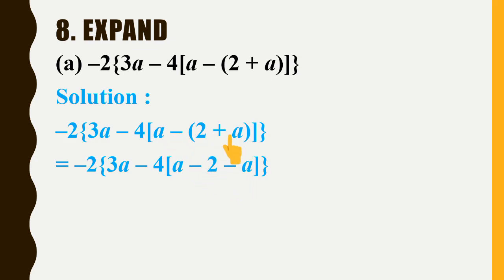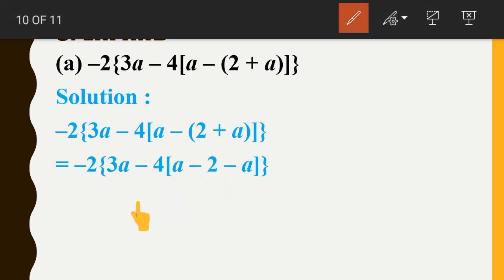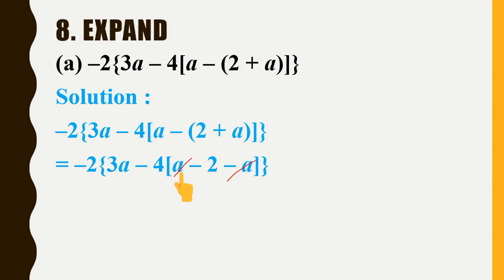After removing this bracket, the 2 will be changed into -2, and the a will be changed into -a. In the next step we solve the next innermost bracket, the square bracket. Here we observe that there is a and -a, which will cancel out, and the remaining answer is -2.